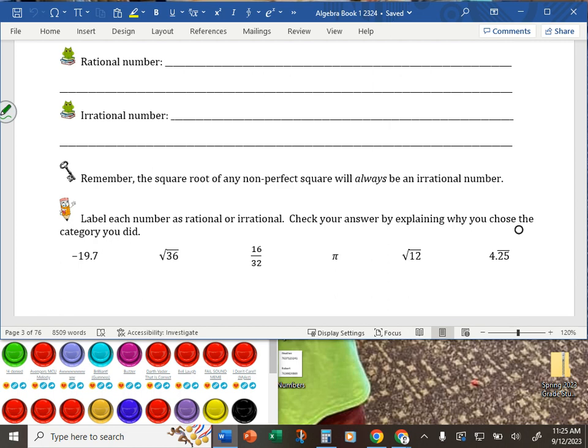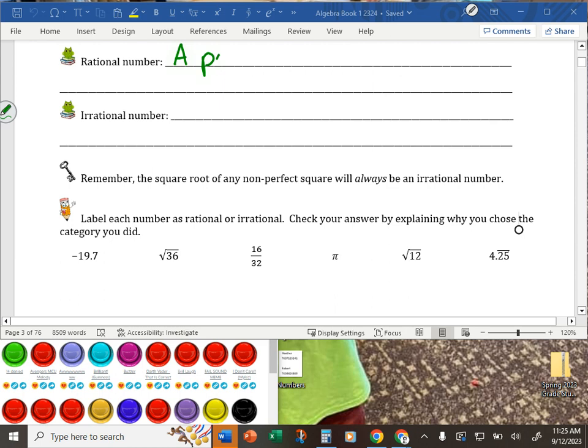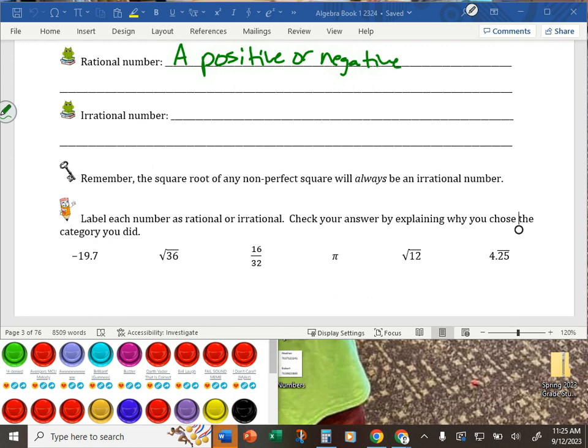Doesn't rational, it can't end. Okay, so a rational number. I think you're actually more defining what an irrational number is. A rational number is a positive or negative fraction, or decimal, and this is kind of what Nolan was referring to here.